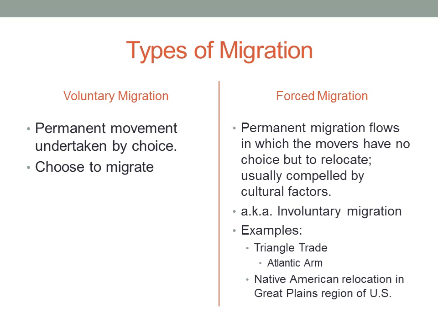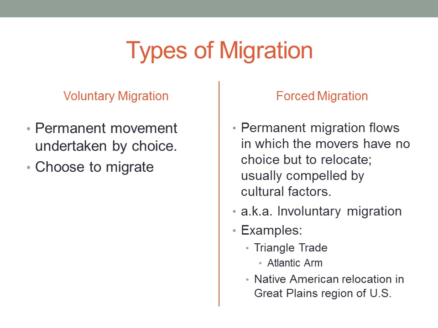Forced migration is defined as permanent migration flows in which the movers have no choice but to relocate, usually compelled by cultural factors. Included in there would be a lot of violence, it would be conflict, it would be war. Those are included as part of cultural factors, but we'll explain that here in just a couple minutes.